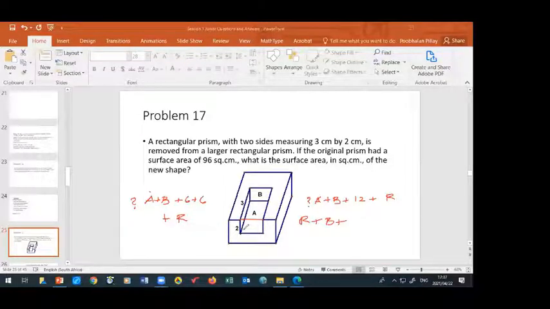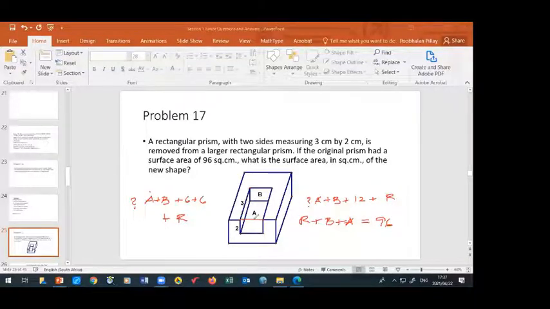So the rest, plus this B, and then we must add even the top part of this, which was removed, which is the same as the bottom. The top part here, which was removed, is the same as the bottom, will give you the original surface area.